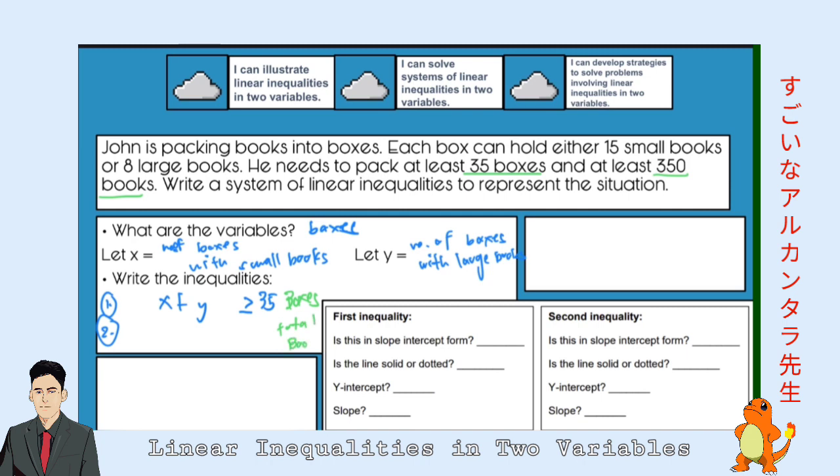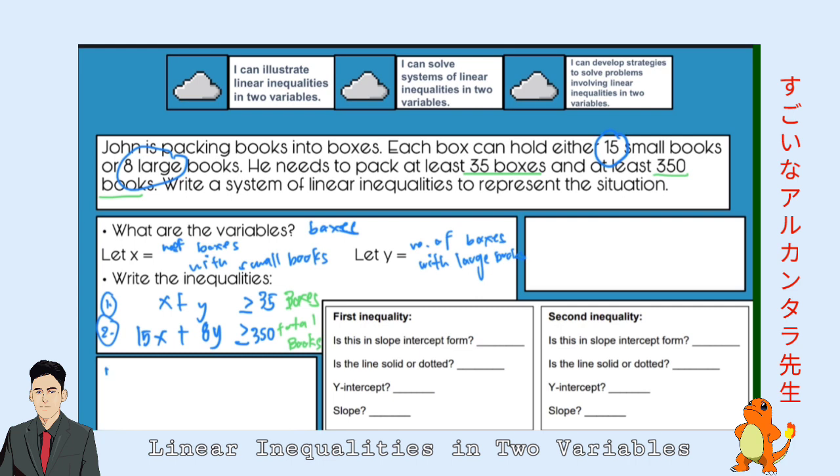We have at least 350, so greater than or equal to 350. How will you represent the small books? Since there are 15 small books per box, it will be 15x. 8 large books per box, so that will be 8y. So that's how it works.